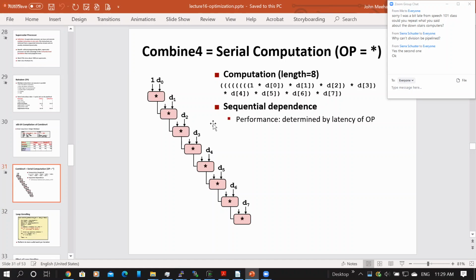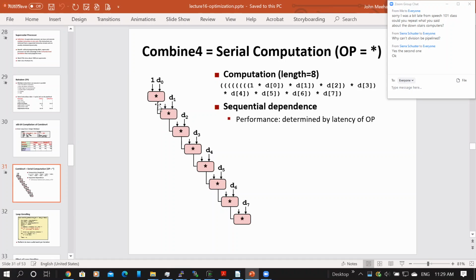And to understand that, we have to get a little down and dirty with how the thing is actually working. We have this identity, which if this was a multiply, the identity is set to 1, if you remember in the code. And then we multiply the thing times d0, and then we increment the thing, go through the loop, and then we grab the result of this and we multiply it by the element. And then when we get the result of that, we multiply it times the next element.